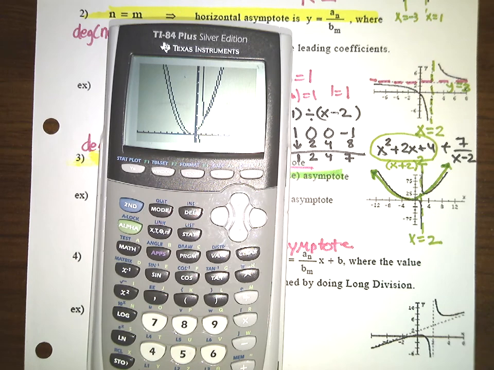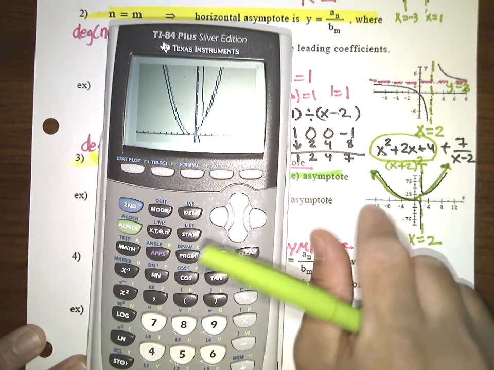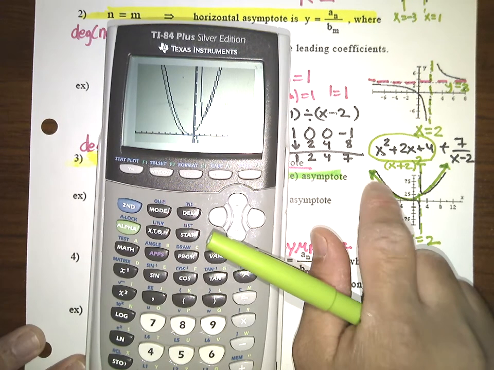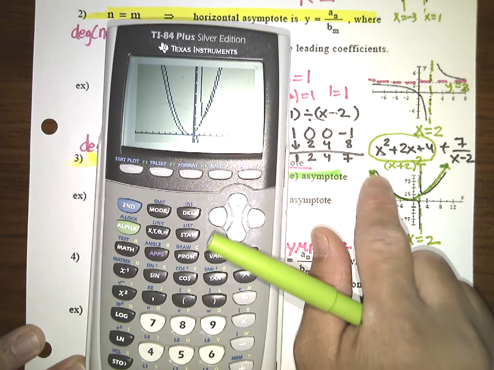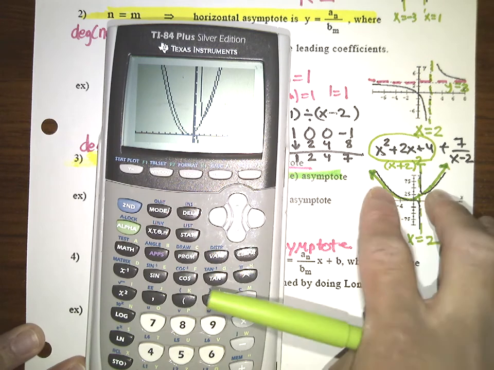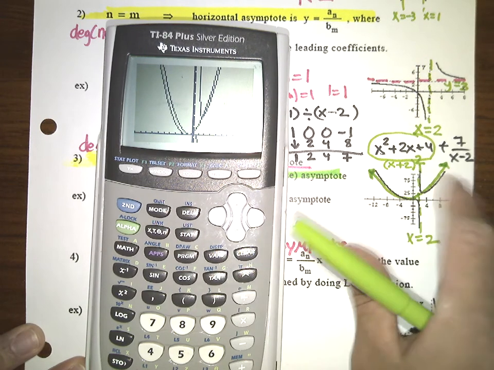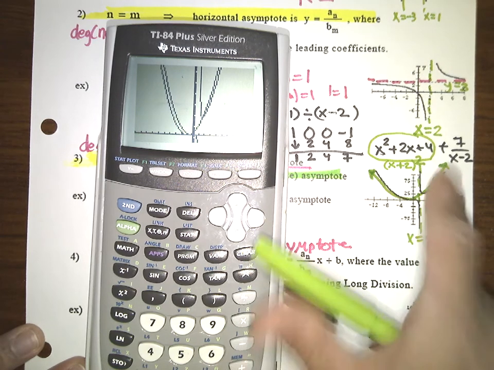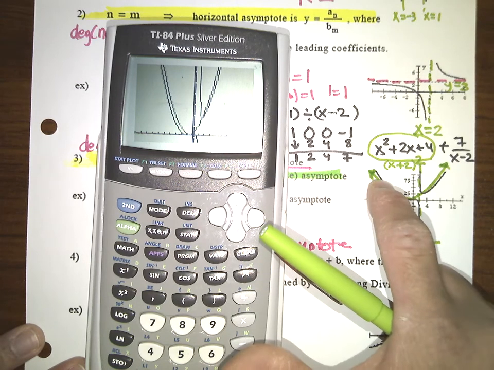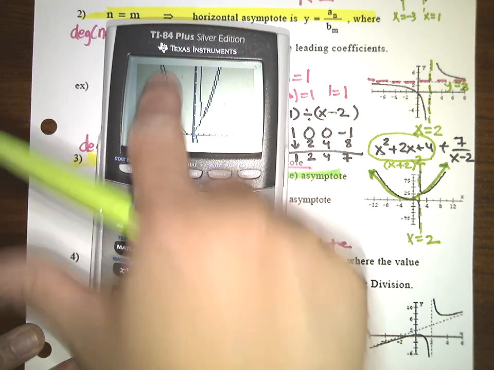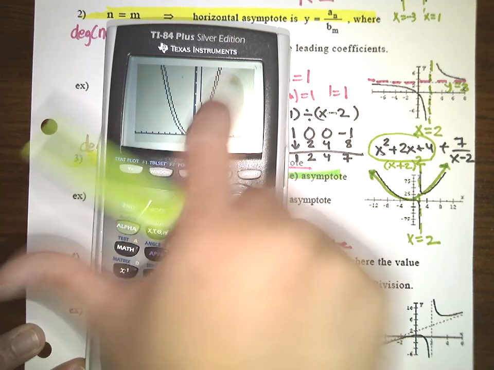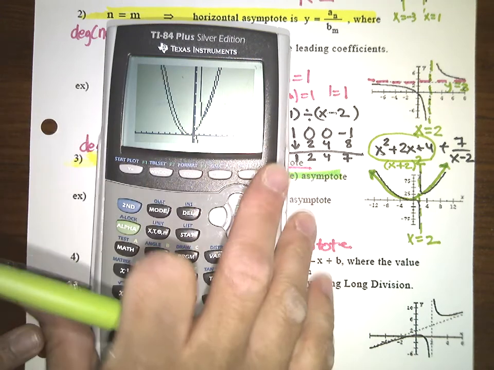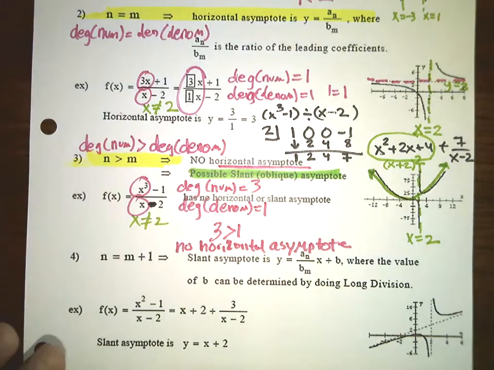All right, so all I really want you to notice is that as x approaches negative infinity or infinity, the ends of the function get really close to this parabola. All right, that's what I mean by an asymptote that is oblique.